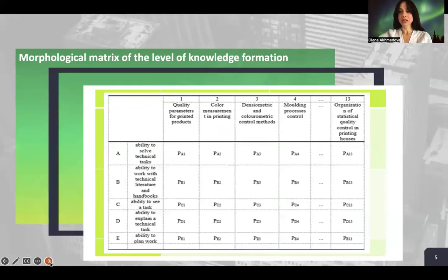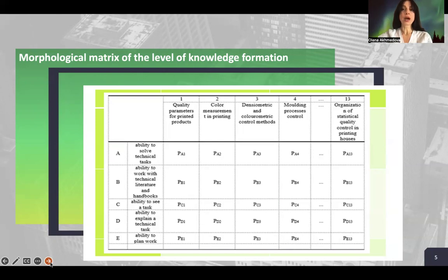56 students participated in the testing. The evaluation was carried out according to the author's methodology, which allows to trace the dynamic of changes in the learning of education material. The assessment of the level of knowledge acquisition involves the construction of a matrix, which is presented on the slide.